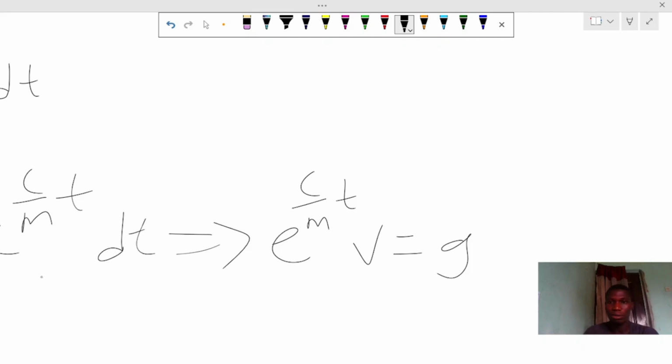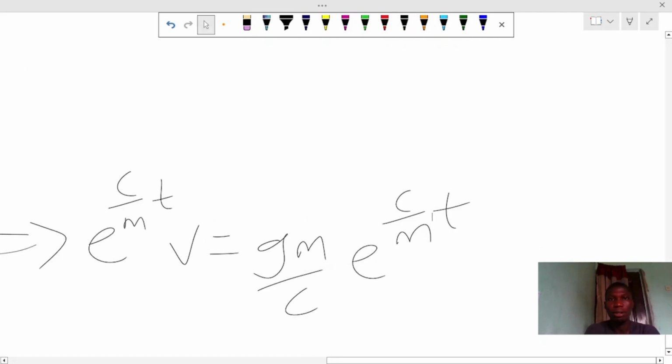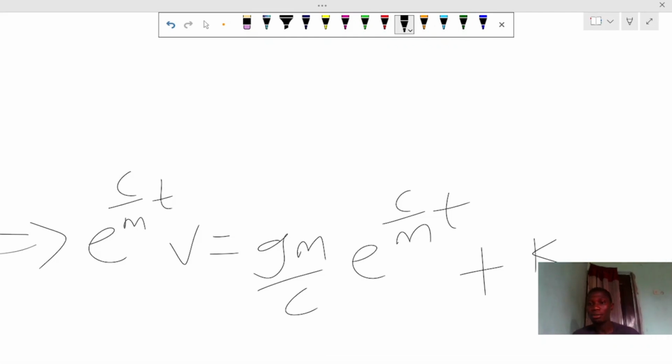The reciprocal of c over m is m over c, so that will be m all over c multiplied by the same thing, that's t there, plus the constant of integration. I would have used c as the constant of integration, but since we already have c in our equation, I decided to make it k. You can use any other letter.